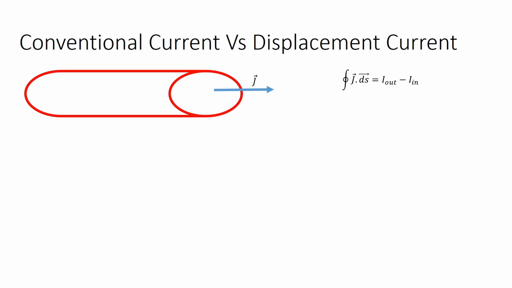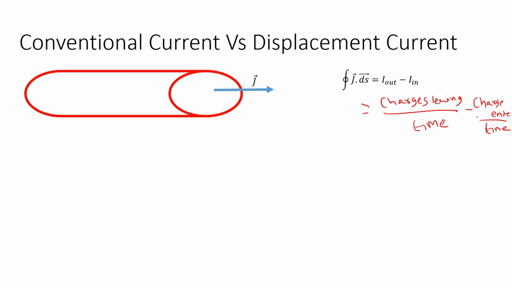But what is current? Current is movement of charge. Therefore, I out can be written as charges leaving in a given time, and I in can be written as charges entering in a given time.